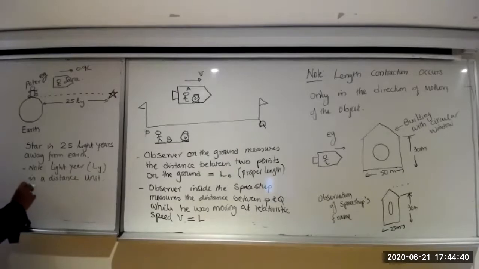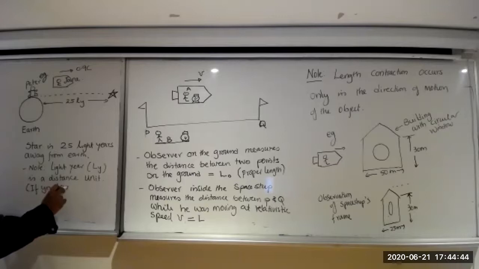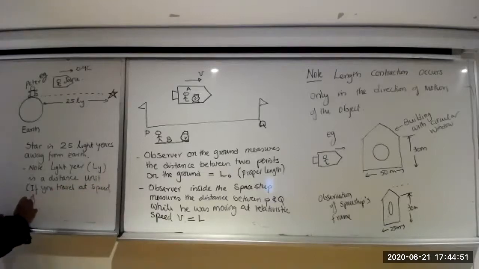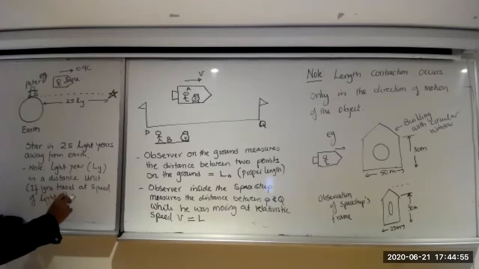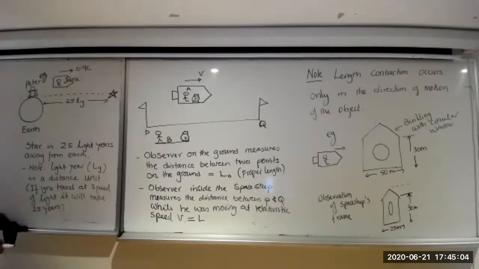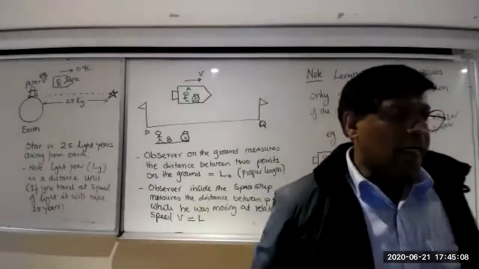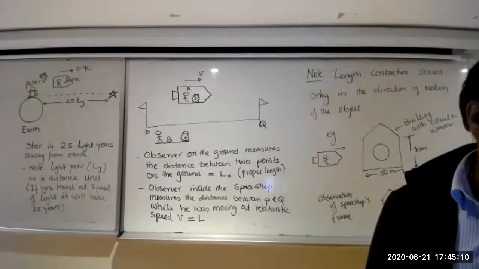If you travel with the speed of light, it will take 25 years. That's what light years mean. 25 light years means if you're traveling at speed of light, it will take 25 years to reach the star.